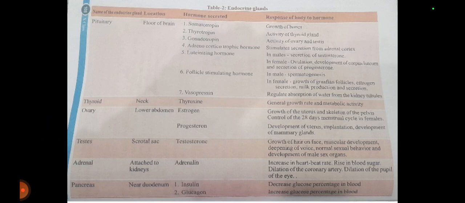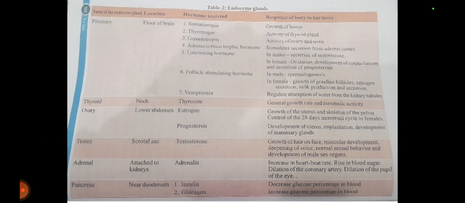The third is the ovary. The ovary is located in the lower abdomen. It secretes two hormones called estrogen and progesterone. The fourth is the testis. The testis is located in the scrotal sac or in the pelvic region. It secretes a hormone called testosterone.